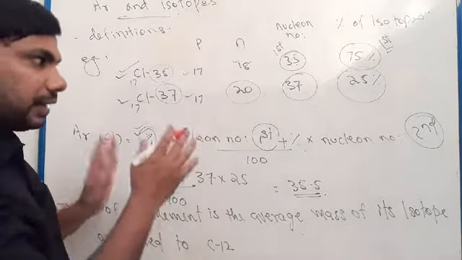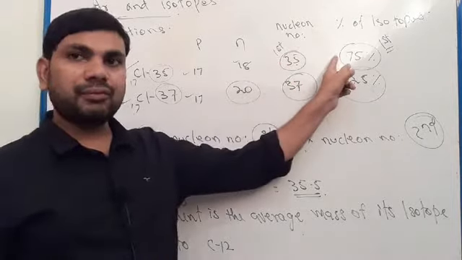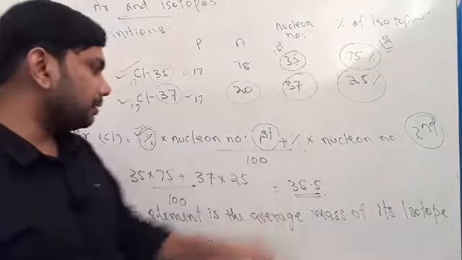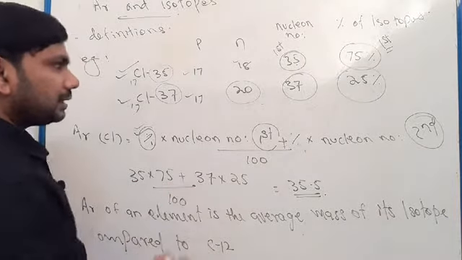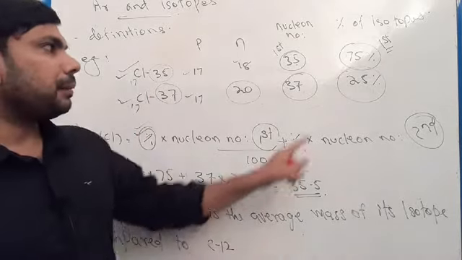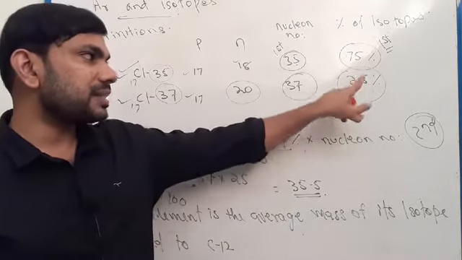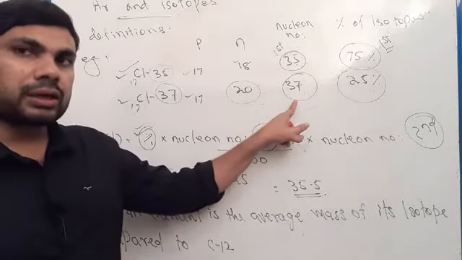So according to the equation you do 35 times 75, plus the same thing for the second isotope: its percentage of availability times its nucleon number.